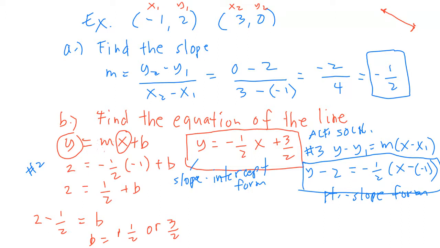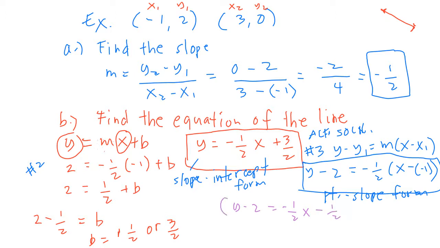Okay, so if you want to continue, you just have to simplify and let your y be alone on the left side. So simplifying, we'll just do a different color. y minus 2 equals negative 1/2 x. So that will be positive there. That should be a negative 1/2 also there.